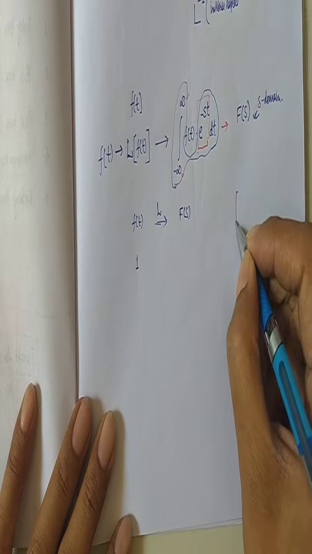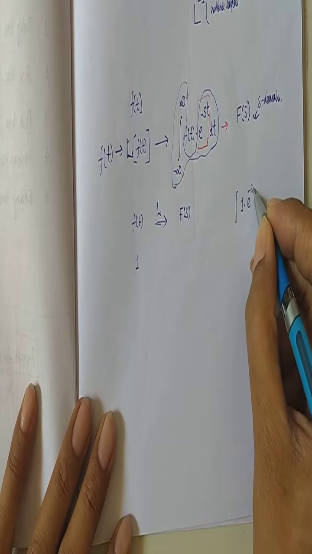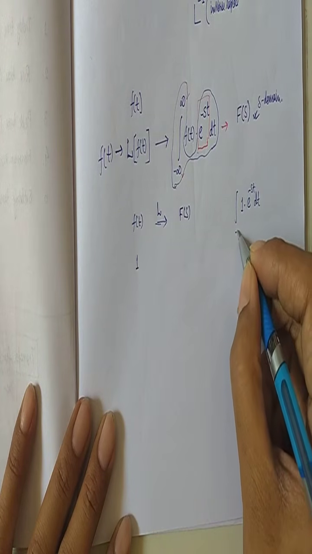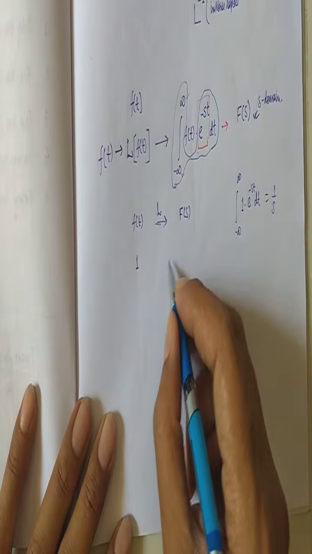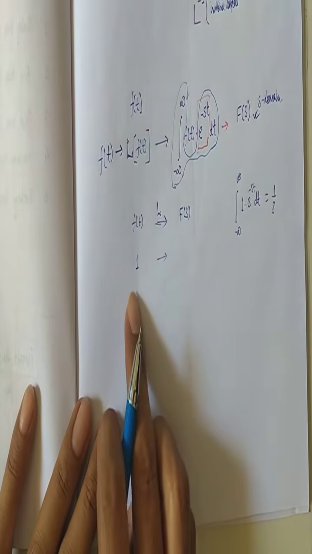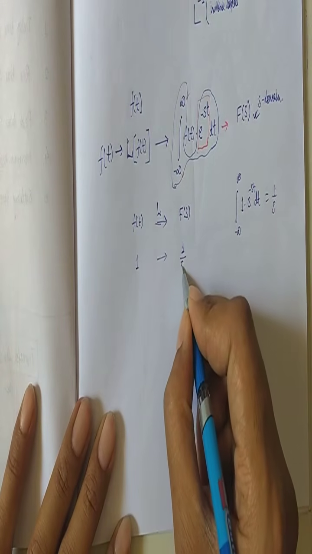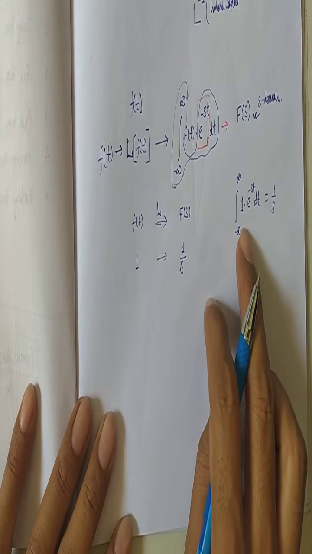Whenever you do the integral of f(t) times 1 times e to the power minus st dt from minus infinity to infinity, you will get the value 1 upon s.